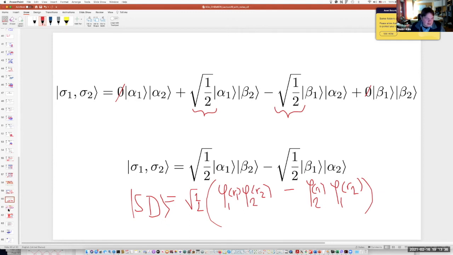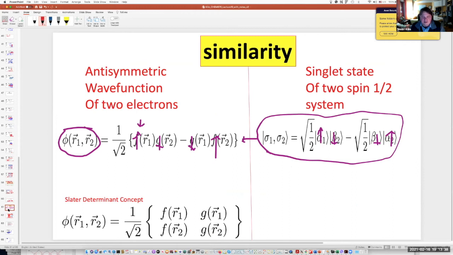And by observing this symmetry from consideration of two spin 1/2 systems, we arrive back at the antisymmetric composition of the multi-electron wave function out of single electron wave functions, or Slater determinant.